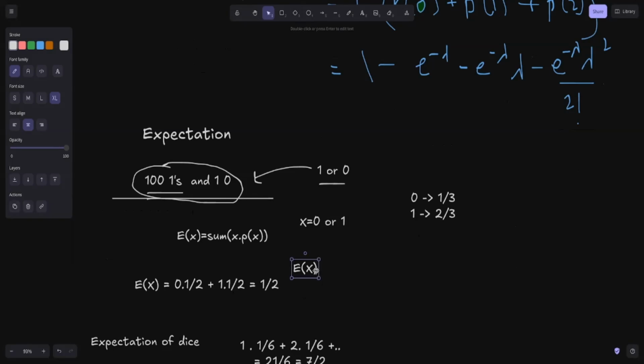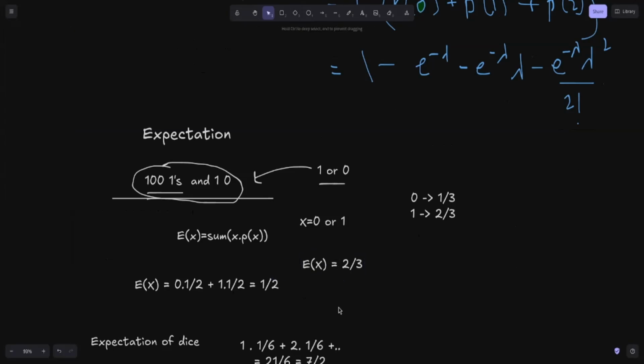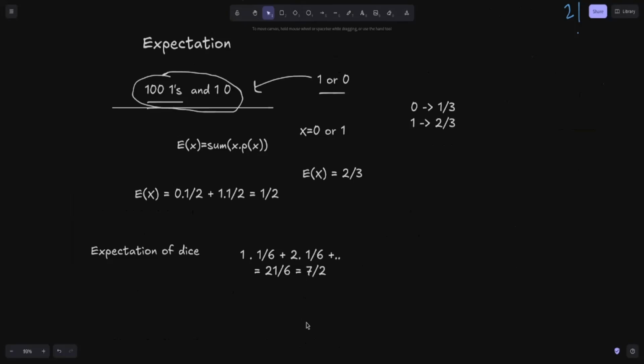So my E of x would become 2 by 3 into 1 and everything. Okay, so basically we get the sense that it is more probable that 1 would be there rather than 0. Okay, so that is the main idea that we get here of what expectation is.